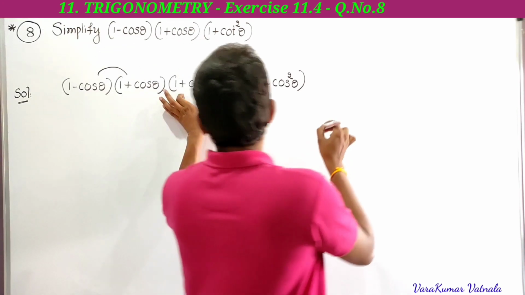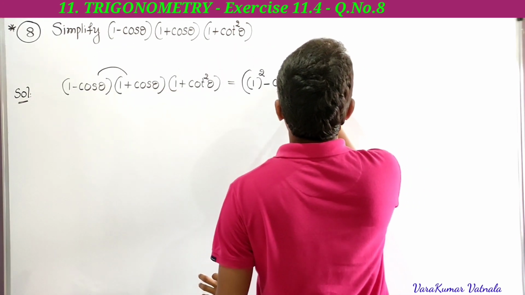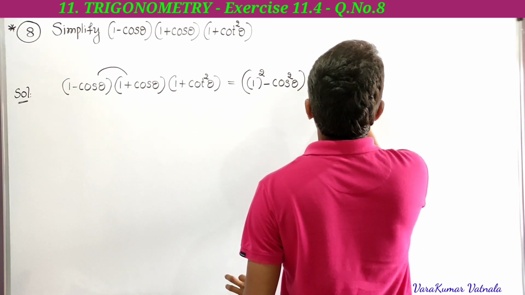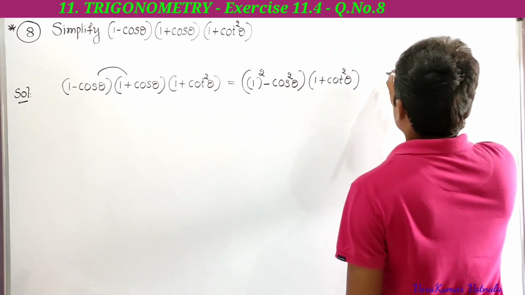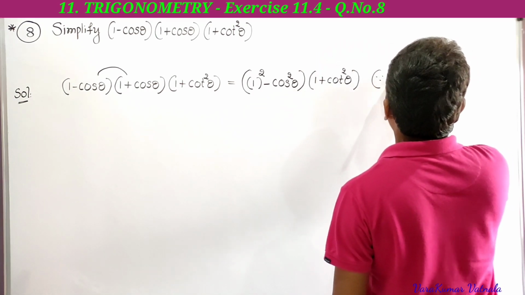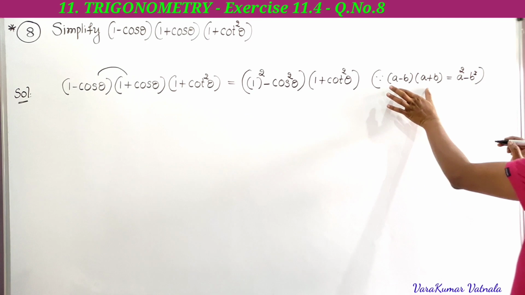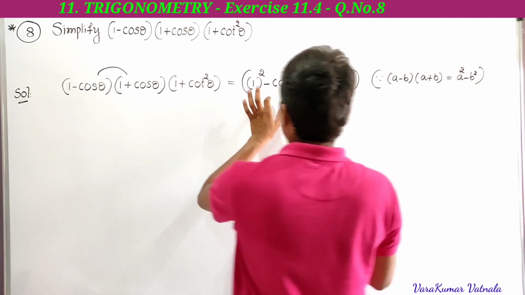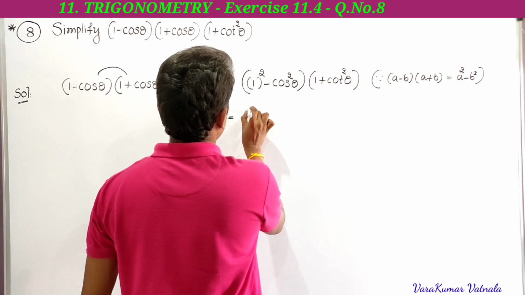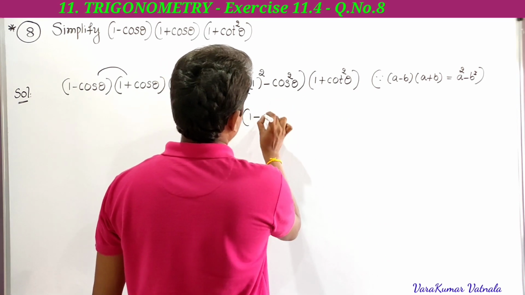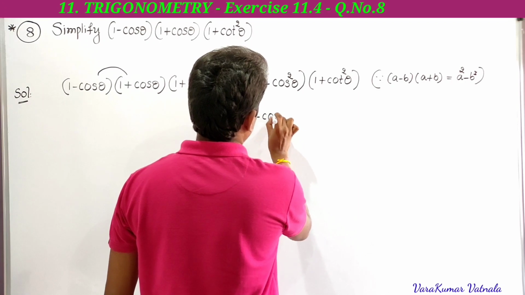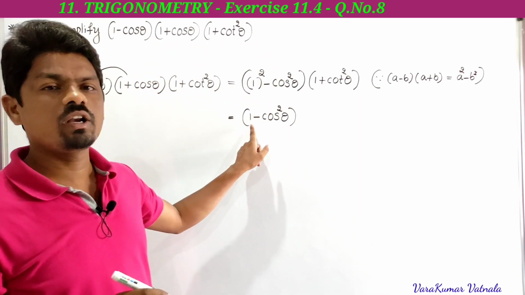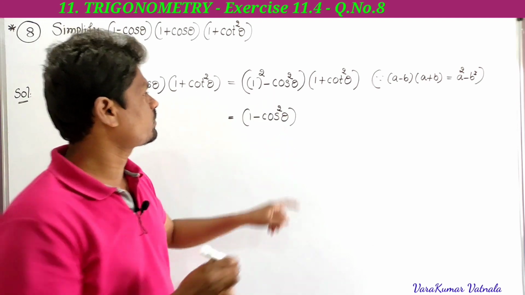Write the third term, 1 plus cot square theta, as usual. Here 1 square is 1 into 1, so we get 1 minus cos square theta.